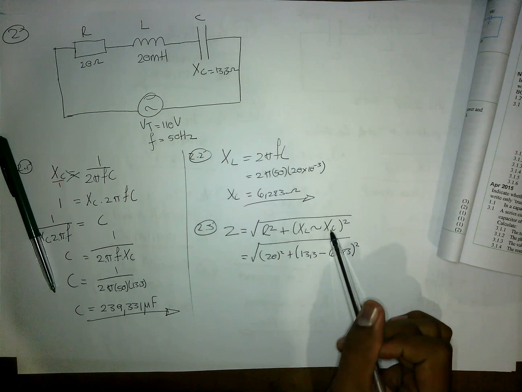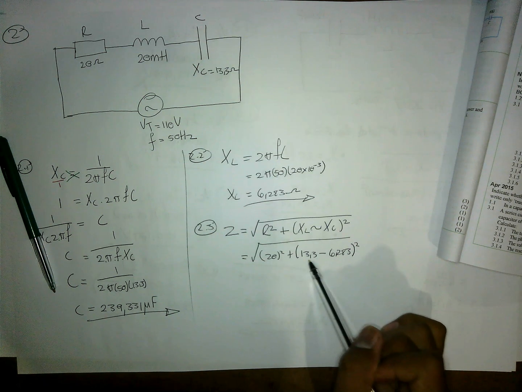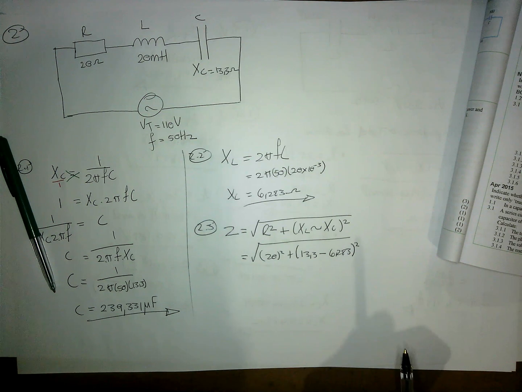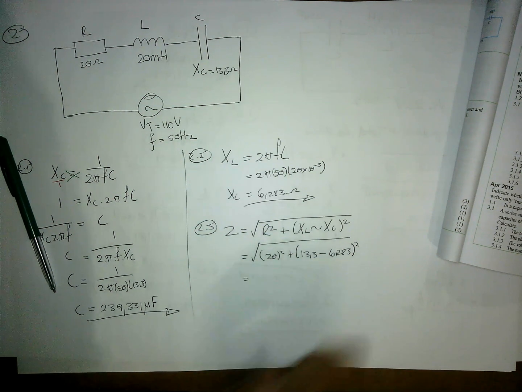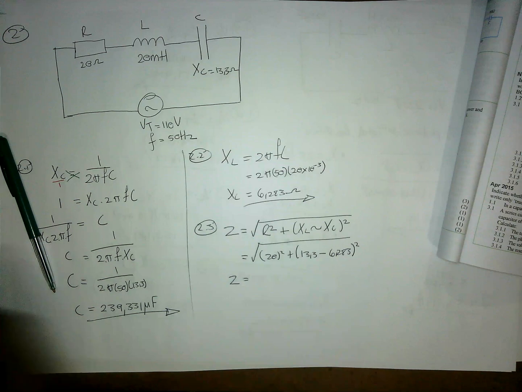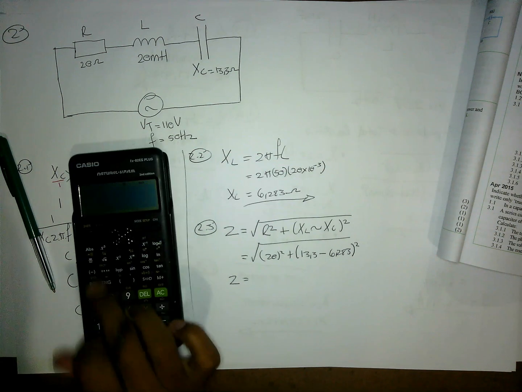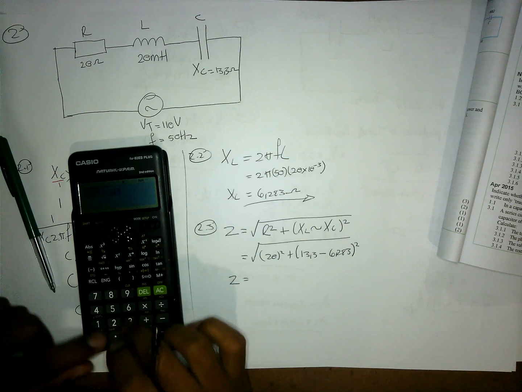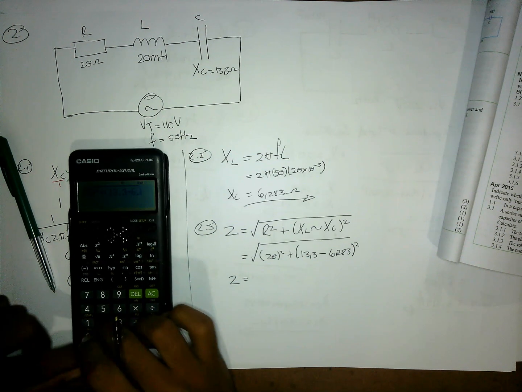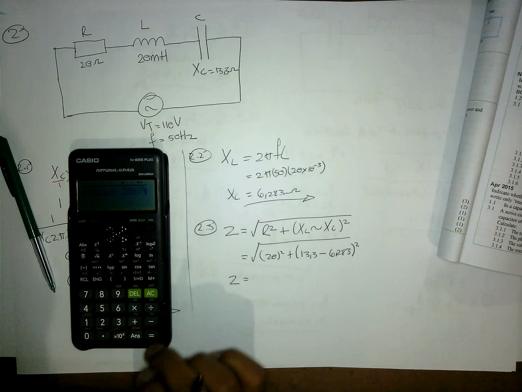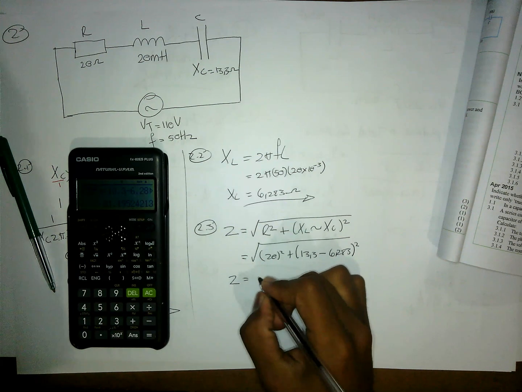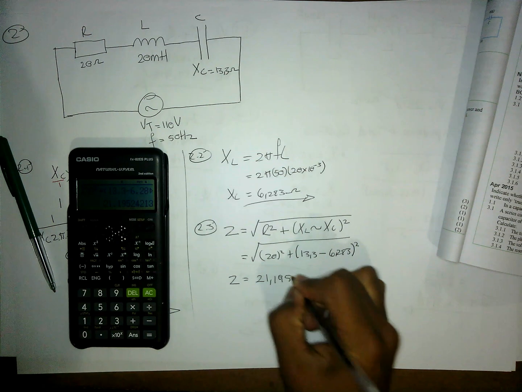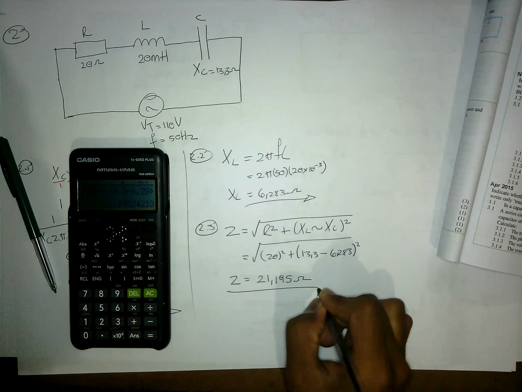Here my XC is bigger than my XL, so I put it first and subtract 6,283 of my XL. Does it make sense? Are we together there? I like to hear some feedback so I know we're together. Lovely stuff. And then our impedance is 21,195, and it's in ohms because it's total resistance.